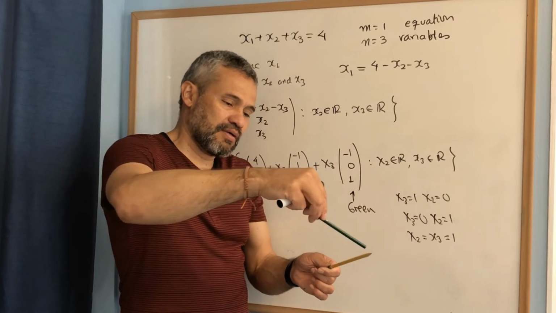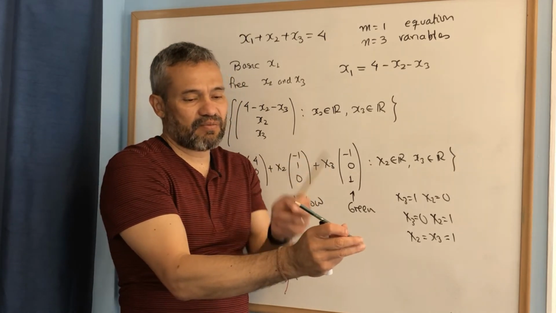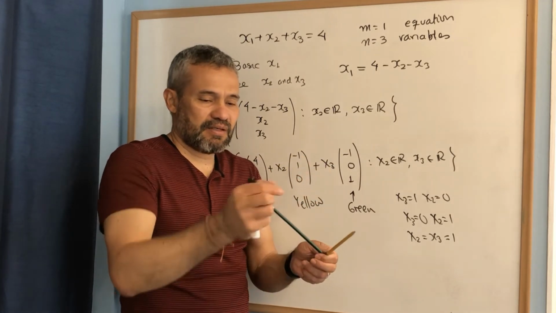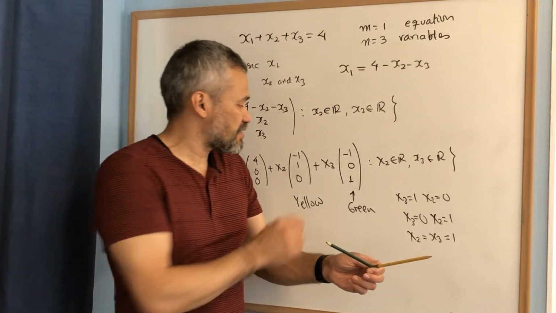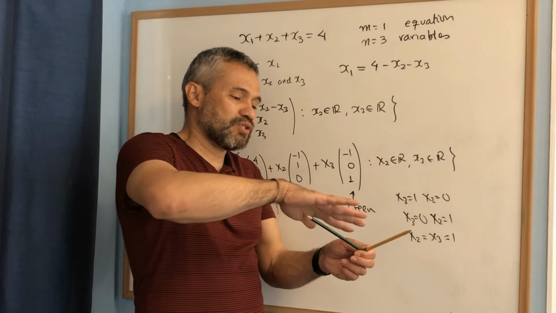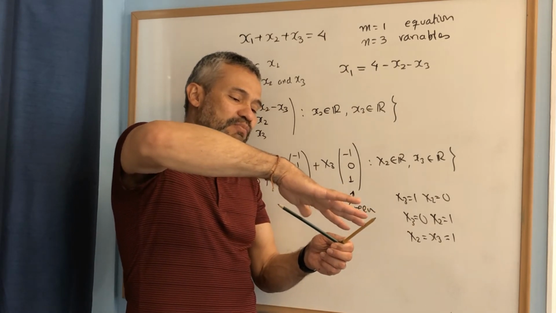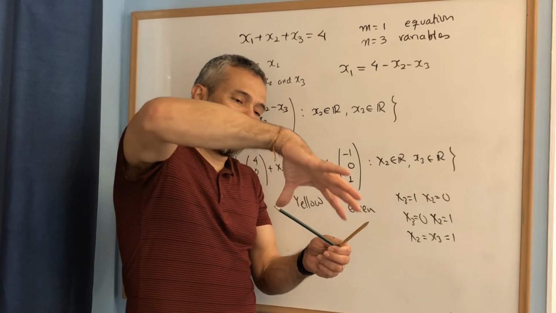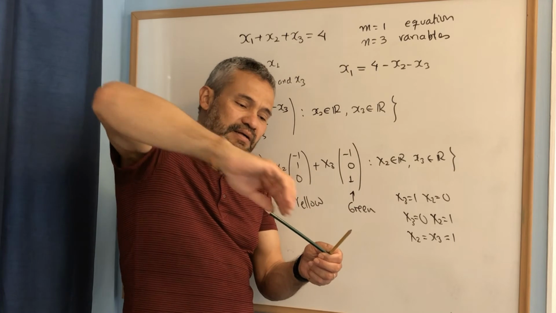Actually, we notice that if x2 and x3 are positive, then you get every possible point in this quadrant here.